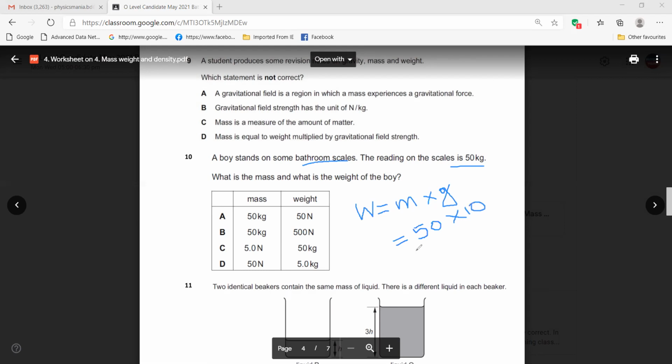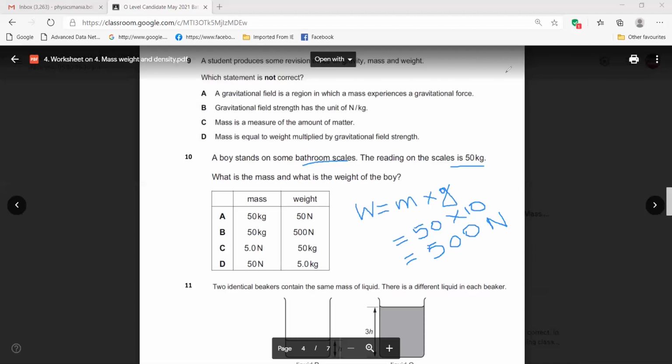They are also sometimes testing your common sense, the experience you have in your daily life. So this one is giving 500 newtons. Is it clear? Yes.